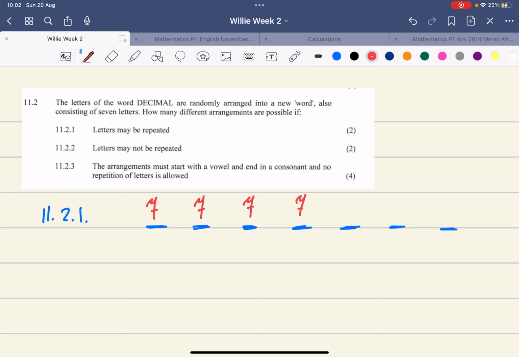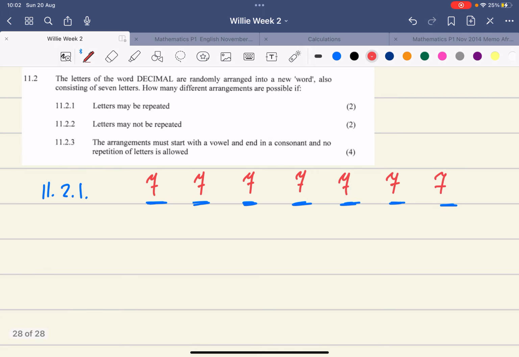So we have 7 times 7 times 7, etc. ways or options for creating this new word. So that is equal to 7 to the power of 7, which is equal to 823,543.